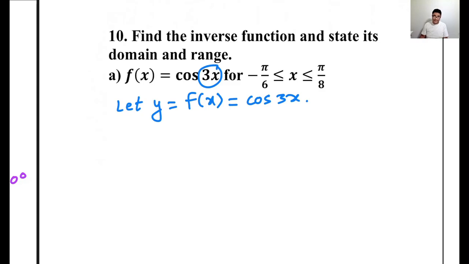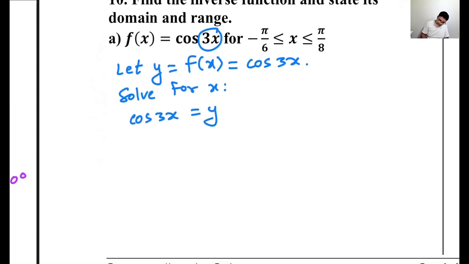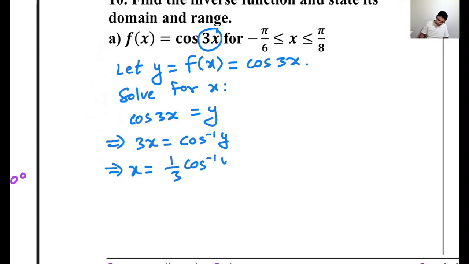Now you'll solve for x. Okay. So you'll say cos 3x is y, which gives you 3x is cos inverse of y, which means x is 1/3 of cos inverse y.